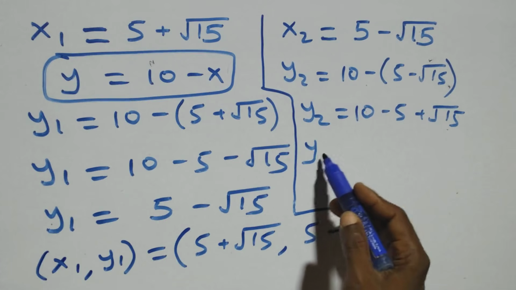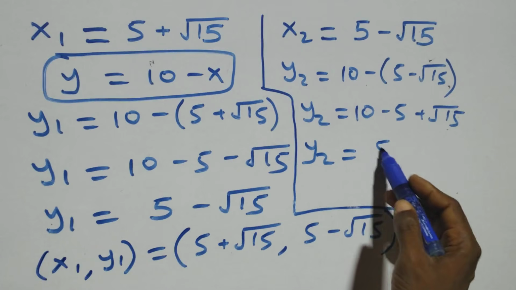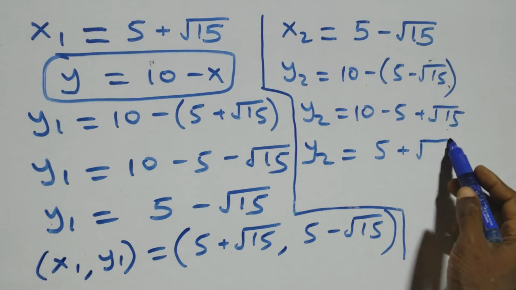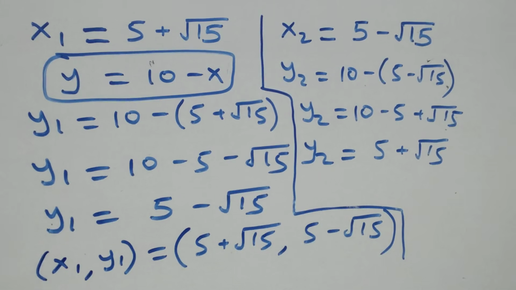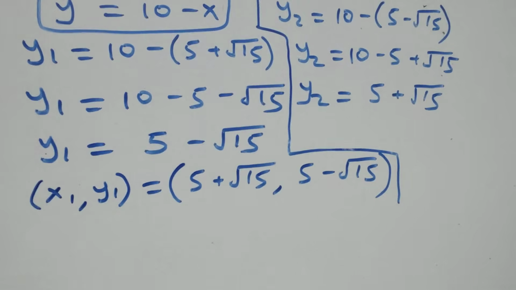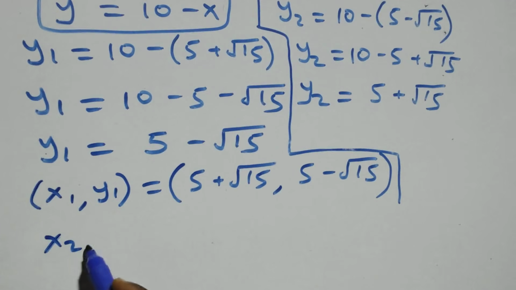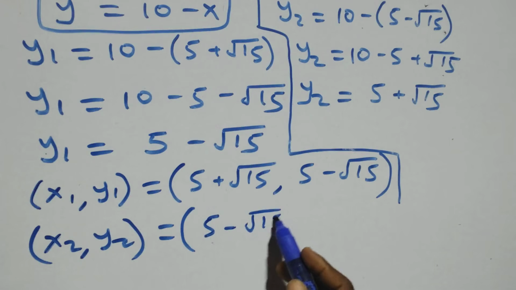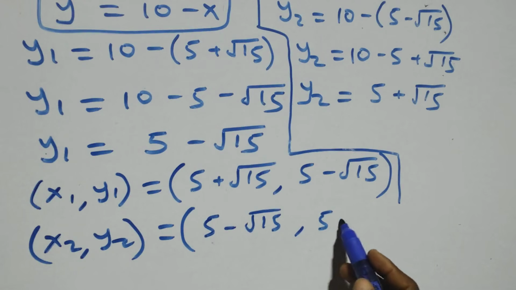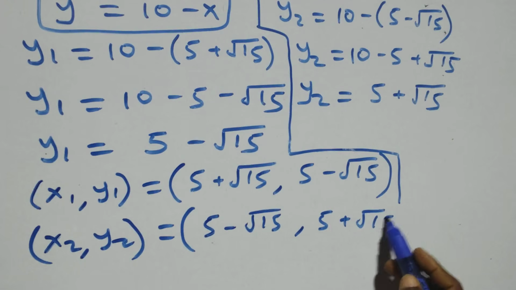And this becomes y2 equals 10 minus 5, 5 plus root 15. Also, we have x2, y2 here. When we write it out as well, x2, comma y2 is the same thing as 5 minus root 15, comma 5 plus root 15.